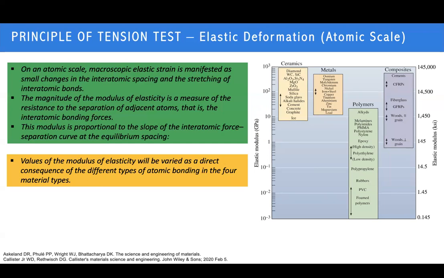For example, ceramics have the highest modulus of elasticity because their bonding is covalent and ionic bonds. These bonds are very strong.